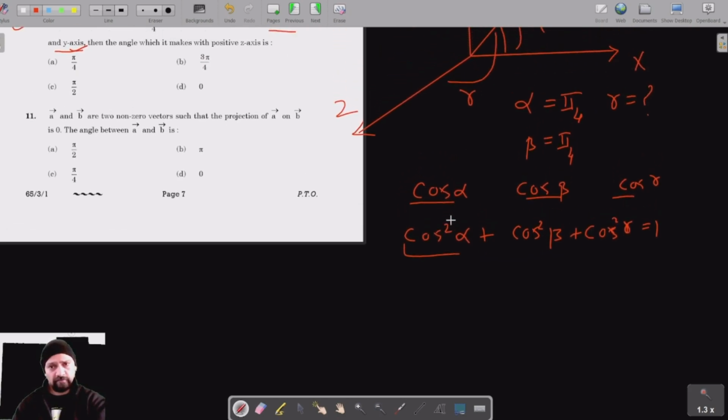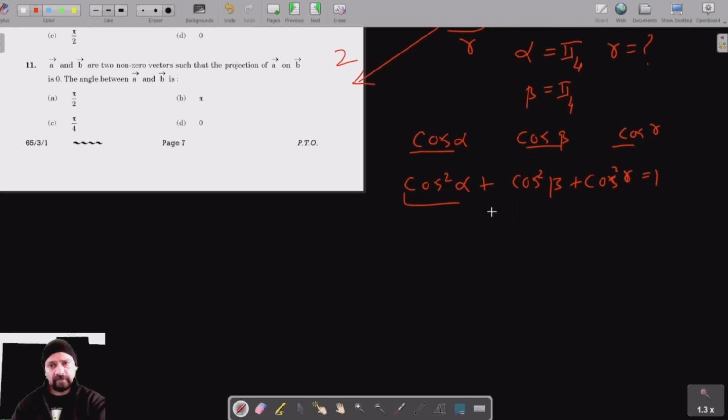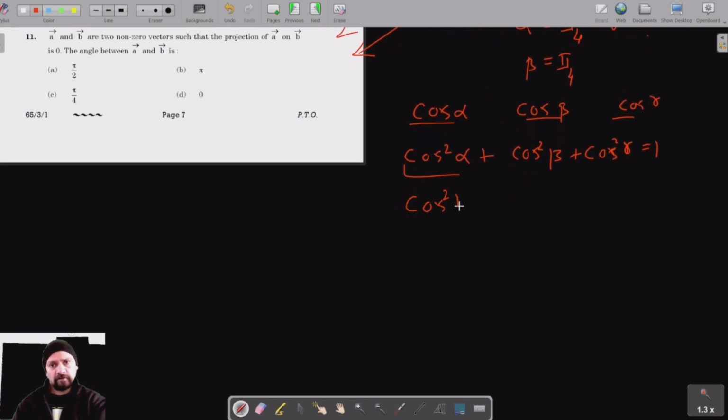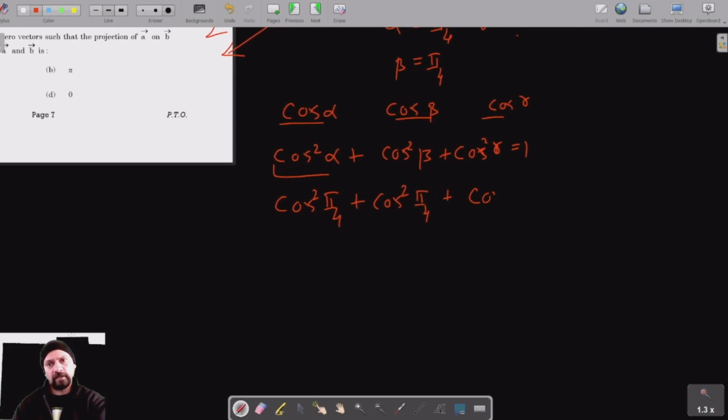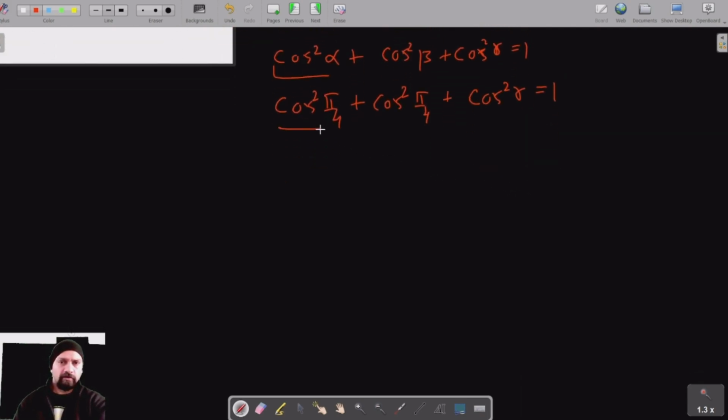And let's put in the respective values. So cos square alpha is cos square pi by 4 plus cos square beta is also pi by 4, and we have to find the value for gamma. The cos pi by 4 is 1 by root 2 the whole square, 1 by root 2 the whole square plus cos square gamma, which is equal to 1.